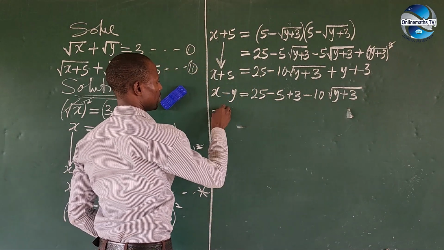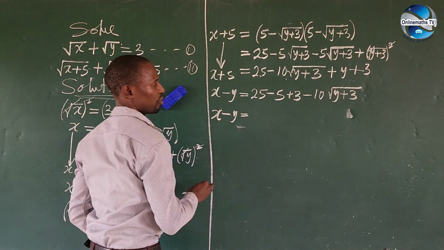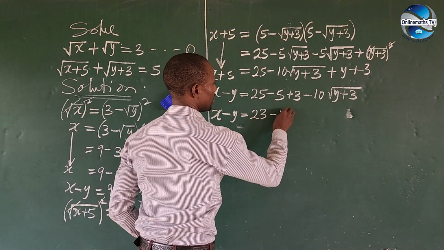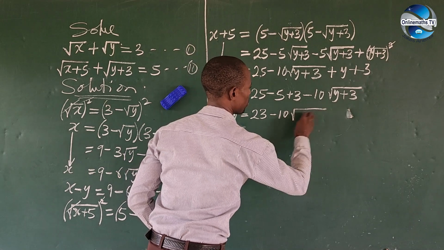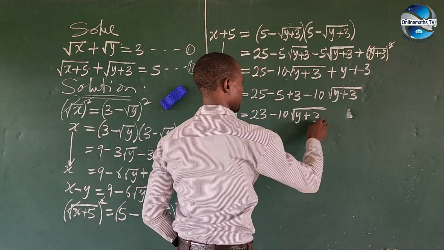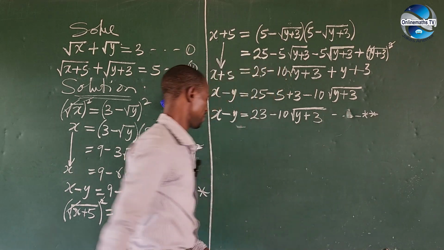So this will end up giving us x minus y equal to 23 minus 10 into the square root of y plus 3. Now let's call this equation star star.